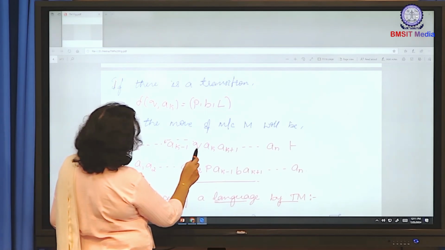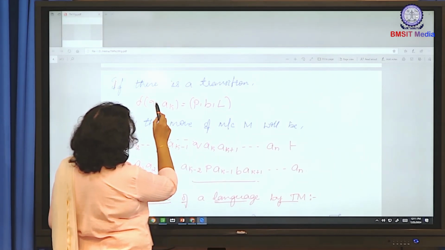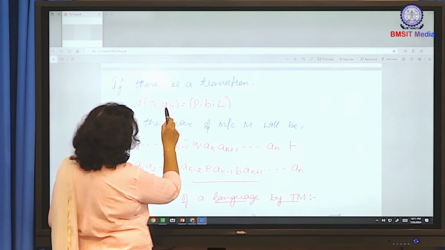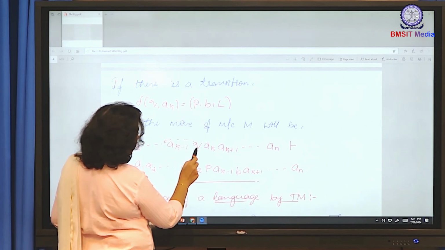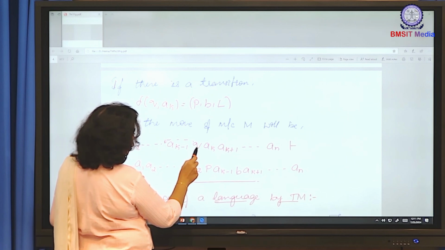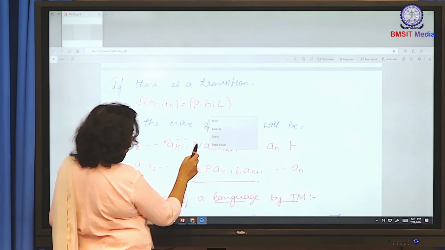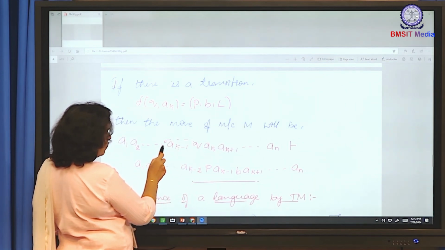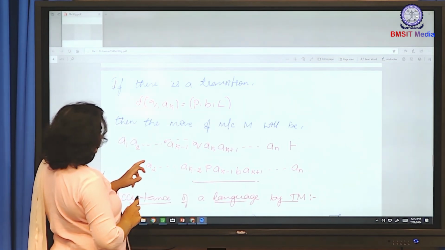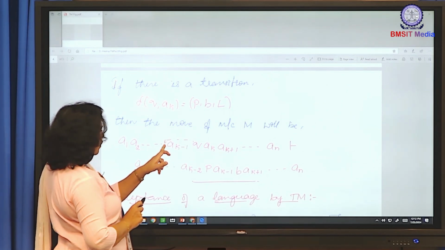When we have to make a move, this Q should be changed to P, AK should be replaced by B, and the head should come left. So head will come here.